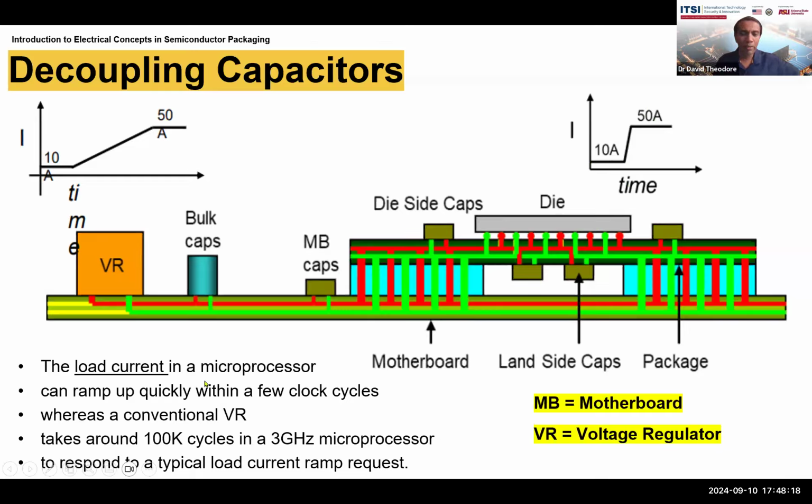Now, normally, the load current over here on the left in a microprocessor can ramp up very quickly within a few clock cycles. The clock cycle, as you know, is where there's a clock signal that pushes forward the operations of the microchip, and it tries to coordinate the operations across the entire microchip. It's just like us and the second hand on a clock that's ticking, right?